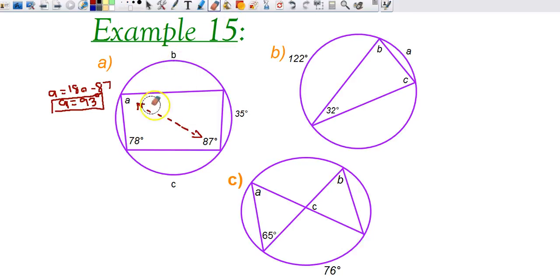So you might want to redraw this, or write it in a different color or something. The way B works is, look at this 78 degree angle, and look at the arc going from the endpoints of that angle.